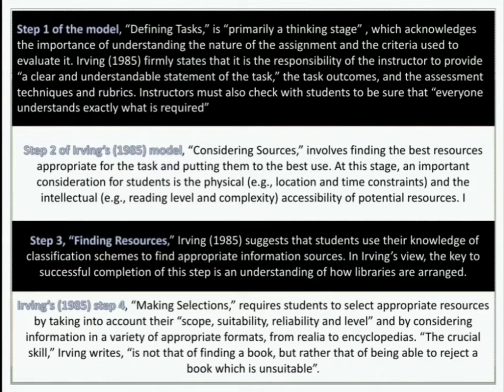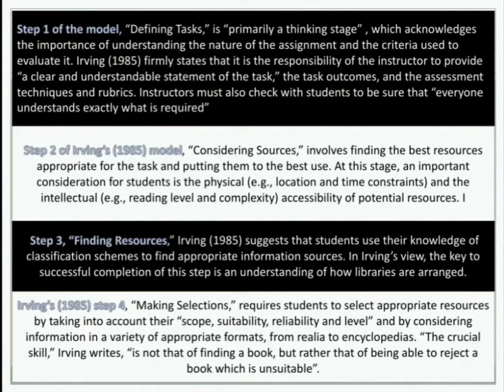Step 2 of Irving's 1985 model, considering sources, involves finding the best resources appropriate for the task and putting them to the best use. At this stage, an important consideration for students is the physical, for example, location and time constraints, and the intellectual, for example, reading level and complexity, accessibility of potential resources.